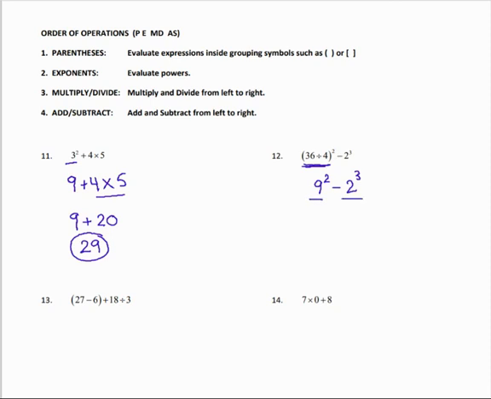So 9 squared means 9 times 9, which is 81, minus 2 to the 3rd. Remember, 2 to the 3rd means 2 times 2 times 2. So 2 times 2 is 4, times 2 is 8. So we'll have an 8 here. Okay, and then 81 minus 8 gives me 73.